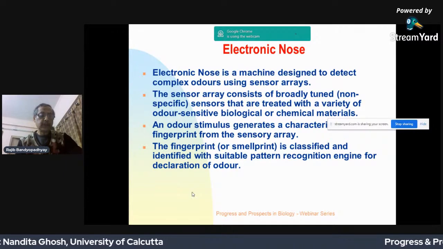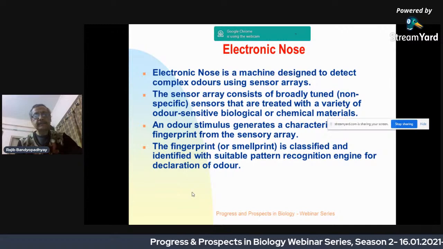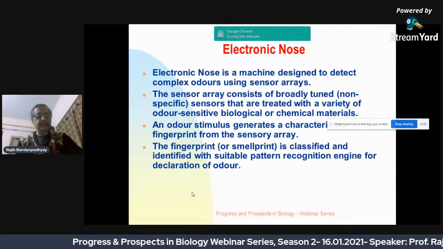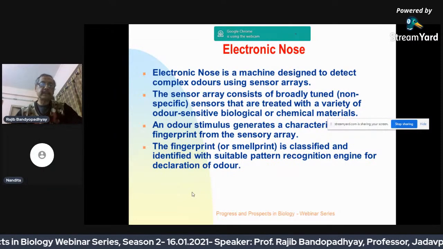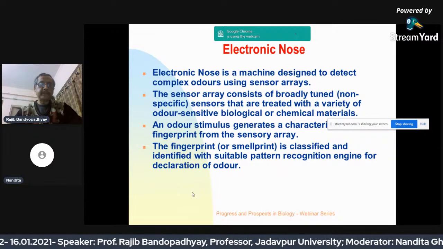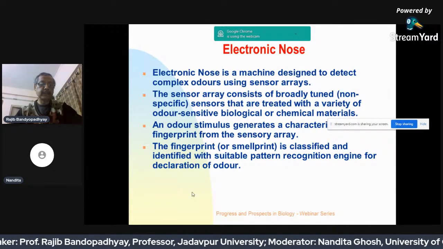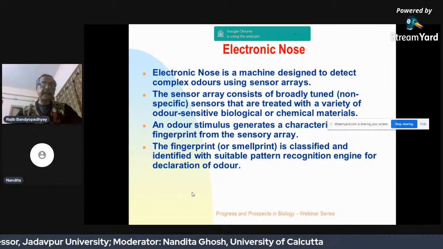If you had to develop an electronic nose with specific sensors for all these compounds, we would need a few hundred sensors. That is really very difficult. Rather, the idea is similar to our human nose, which has non-specific sensors. Each sensor responds to different chemicals in a different way, and a pattern is generated.